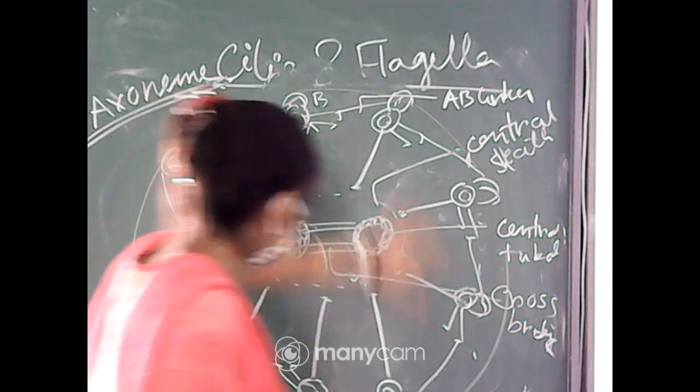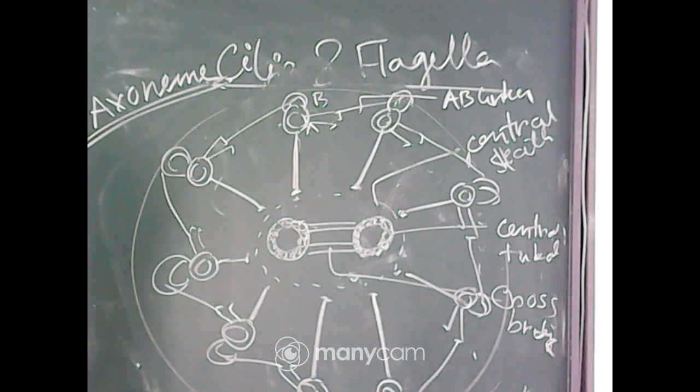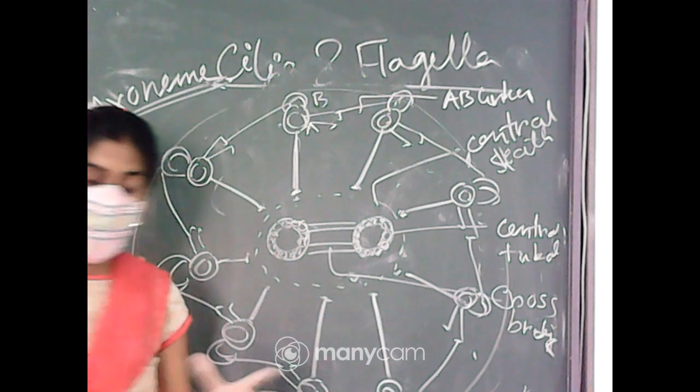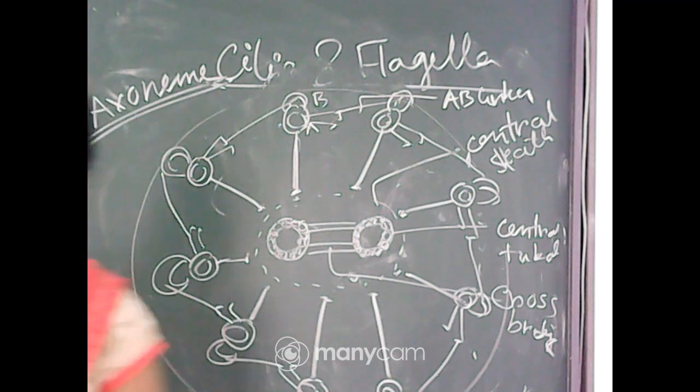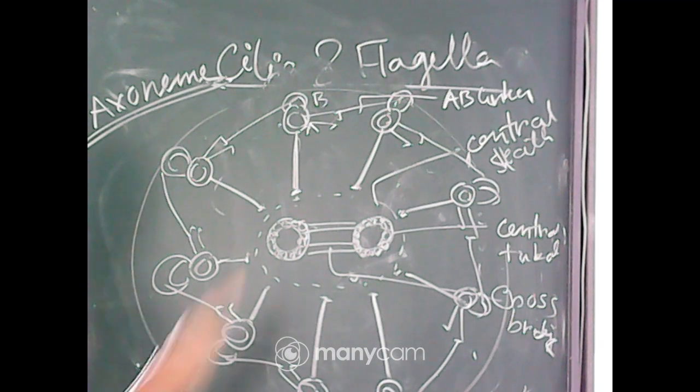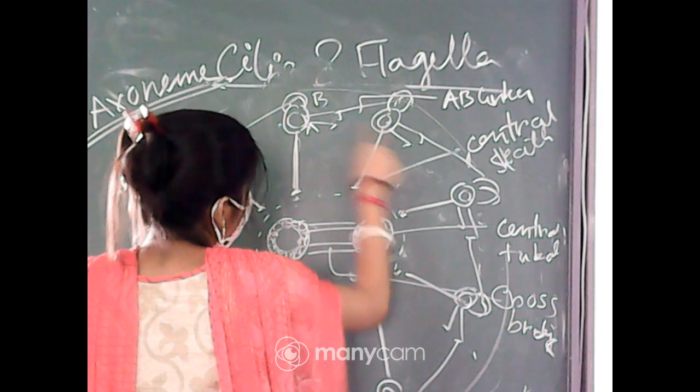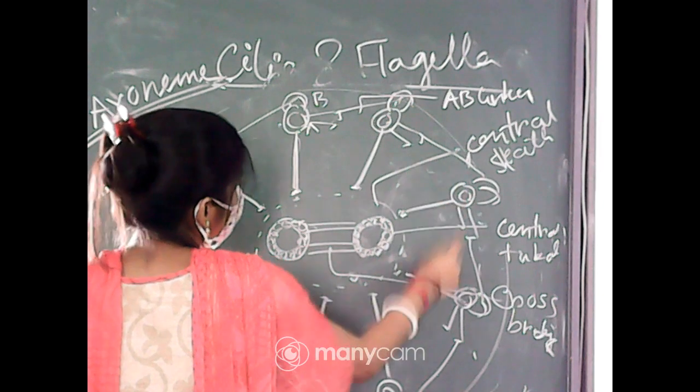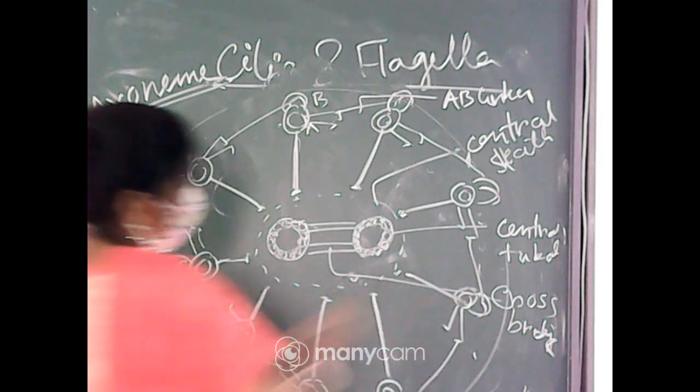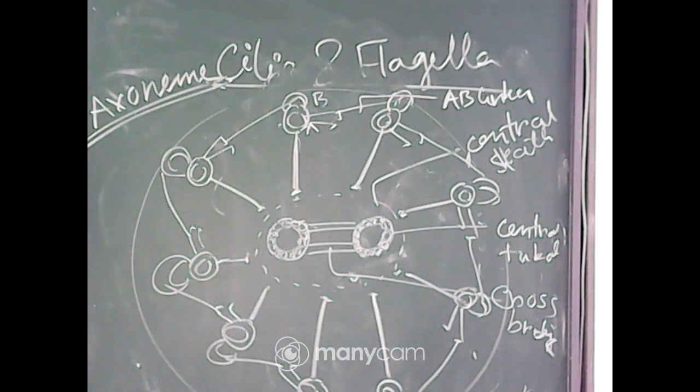You can see the 9 radial spokes attached with this structure, and these are helping in the movement in the case of cilia and flagella. And another thing, these peripheral microtubules are interconnected by linkers, which are called AB linkers.